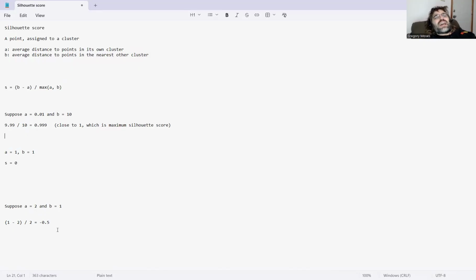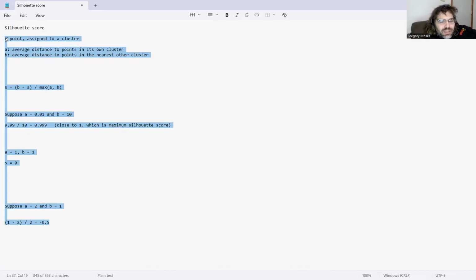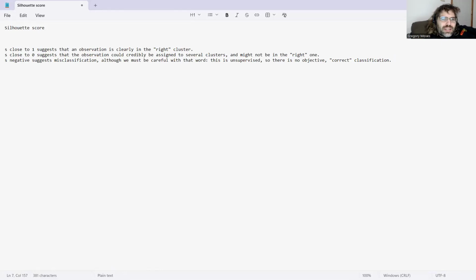And again, that can't be quite right because this is unsupervised learning. There isn't any right classification, but it suggests that something wonky has gone on. Let me put it that way.